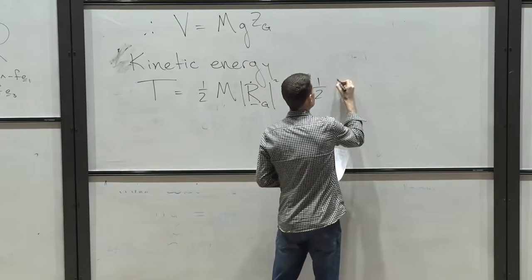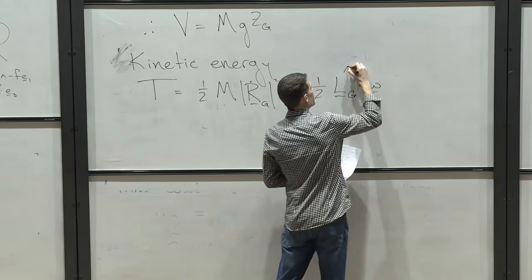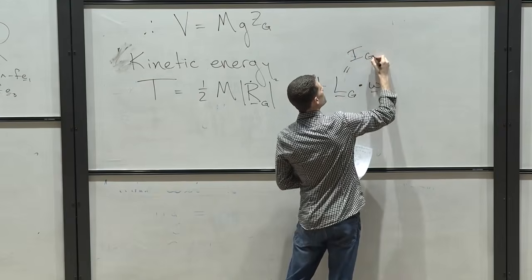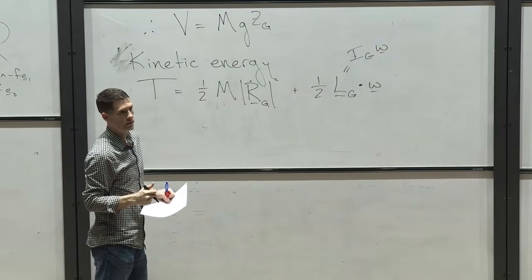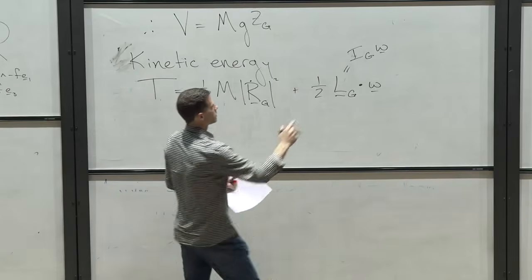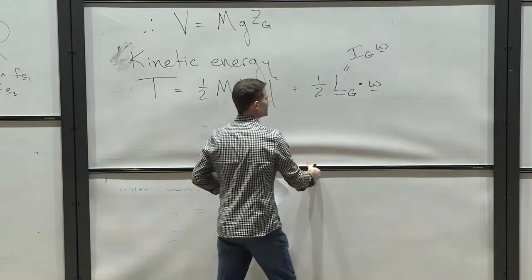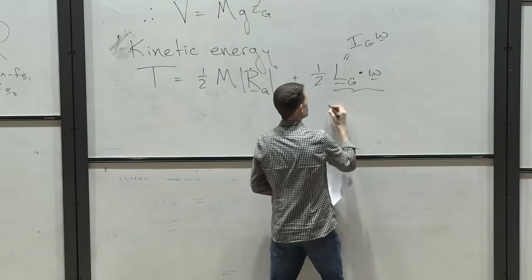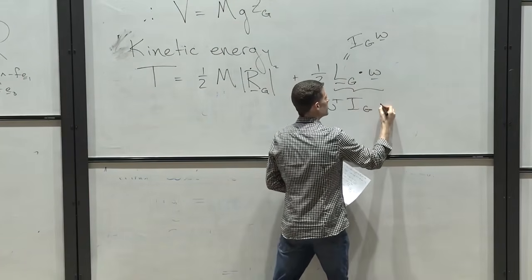But L_g is I_g omega. So take vector times matrix dot vector, that's the same as omega transpose I_g omega.